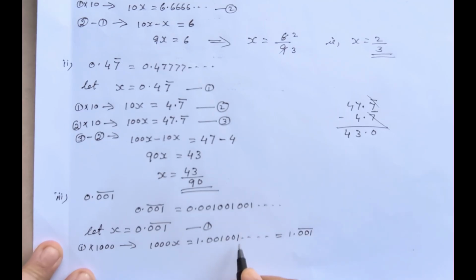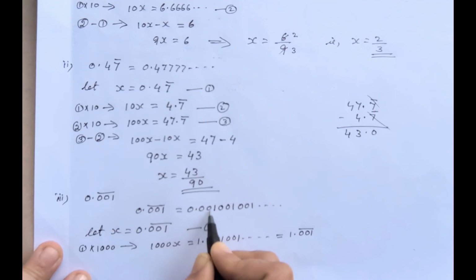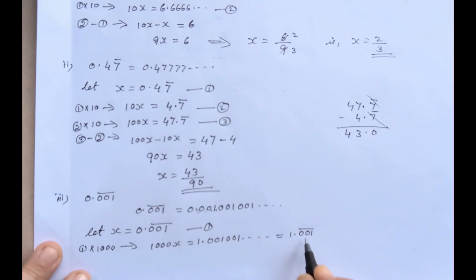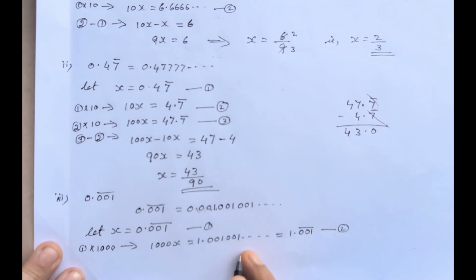All these 3 digits are continuously repeating. When multiplying by 10, the decimal moves one place to the right, by 100, 2 places. Here we are multiplying by 1000, so we move 1, 2, 3 places. The decimal point comes over here, and then 001 is repeating. So it becomes 1.001 bar, and this is equation number 2.